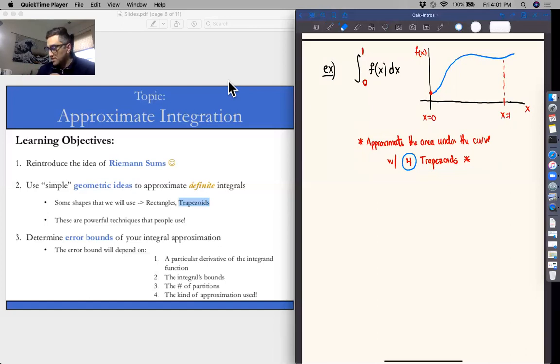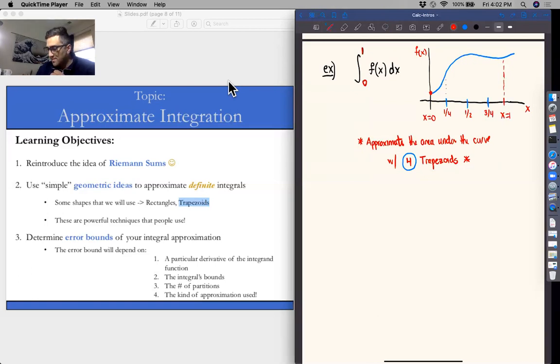What that means is we will need to subdivide our interval between 0 and 1 into 4 different regions, or what we call partitions. If we just divide this into 4 regions equally between 0 and 1, this will be 1/4, 1/2, and 3/4.